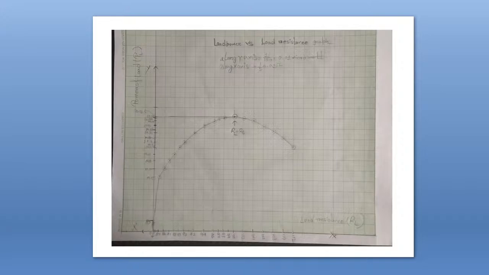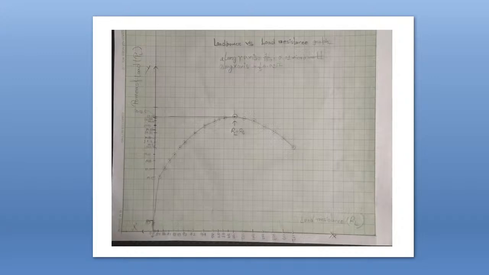So after getting the readings, the different values of load resistance and the corresponding load power and efficiency, you must select the value of the small unit along the x-axis and the y-axis according to your readings.